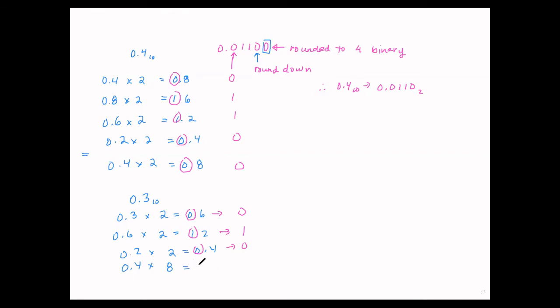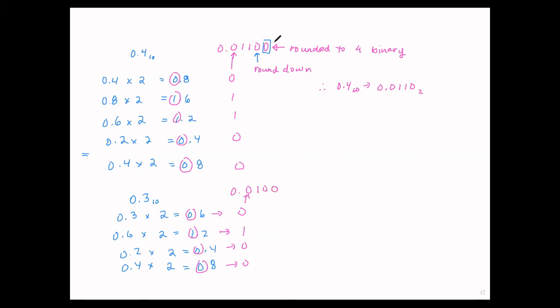I just completely lost my train of thought. Why am I multiplying by 8 is a very good question at this point. I threw the 8 in because my brain is already at the answer. 0.4 times 2 is 0.8. So the fourth number looks like it should also be a 0. So those are 4 binary places. So right now we are at 0.0100.